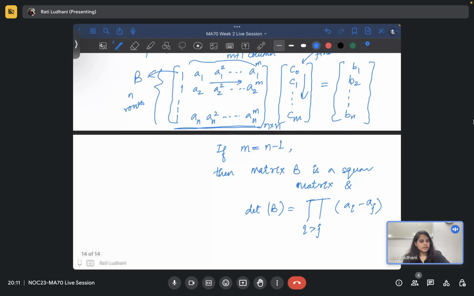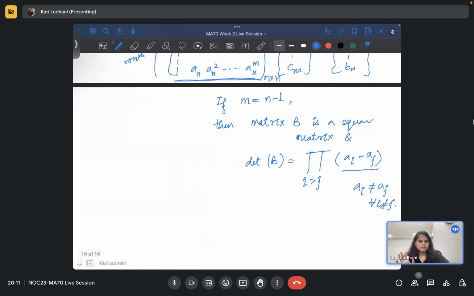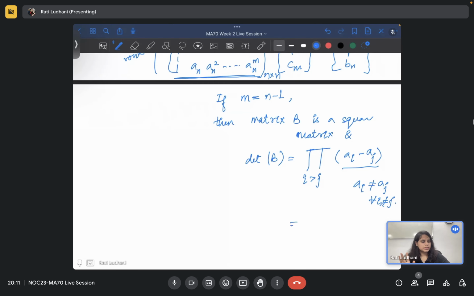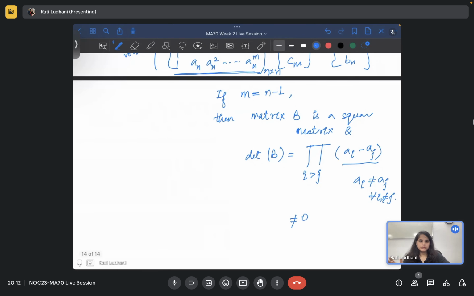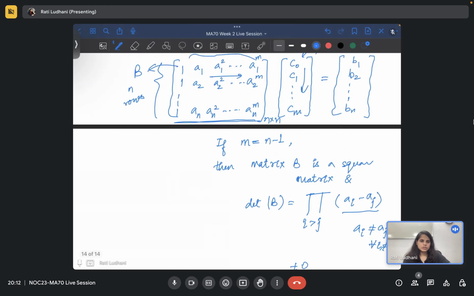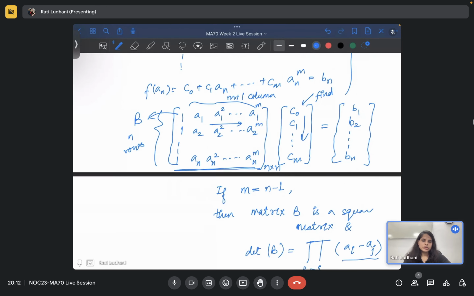Now, you know that the ai are not equal, so ai is not equal to aj for all i not equal to j. If i is not equal to j, then these are not the same, so this product will be non-zero. Since the determinant is non-zero, we can invert this matrix and get the ci.